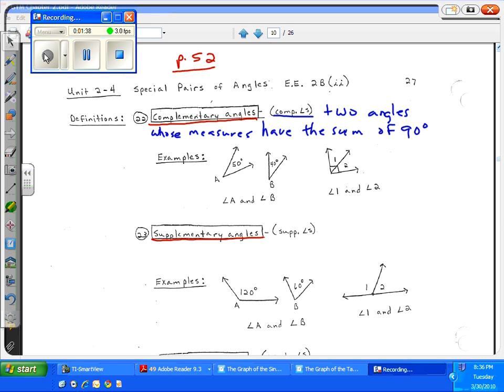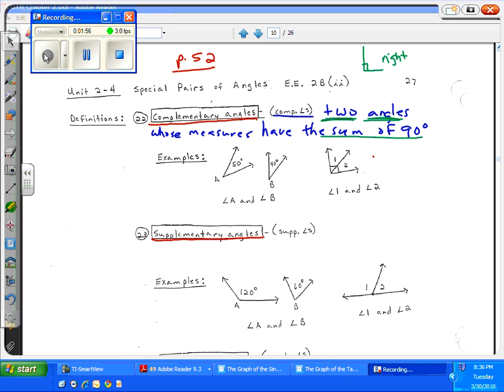Two angles whose measures have the sum of 90. Now we said not one. What do you call one angle whose measure is 90? Well, we call that a right angle. Complementary angles are two angles whose measures have the sum of 90 degrees.